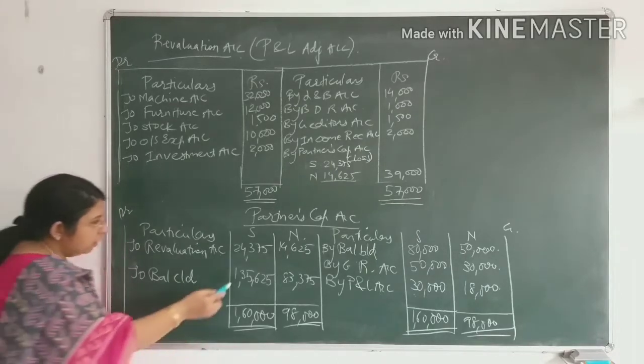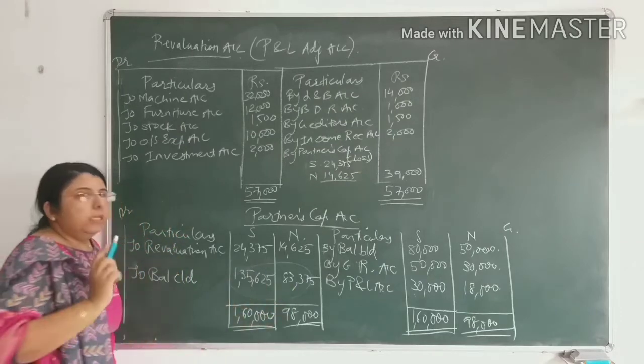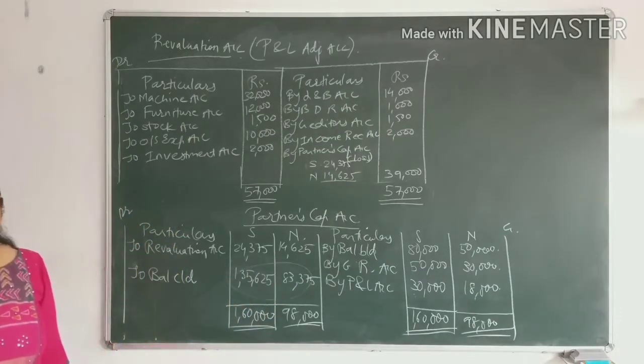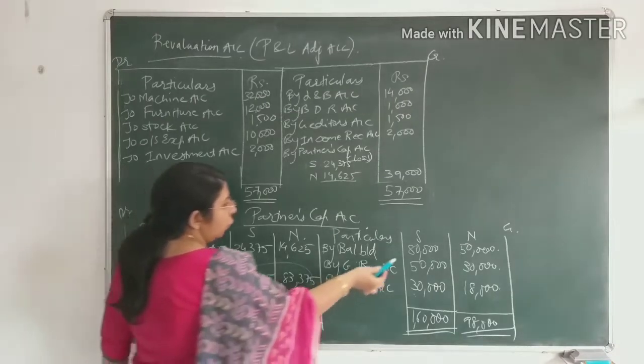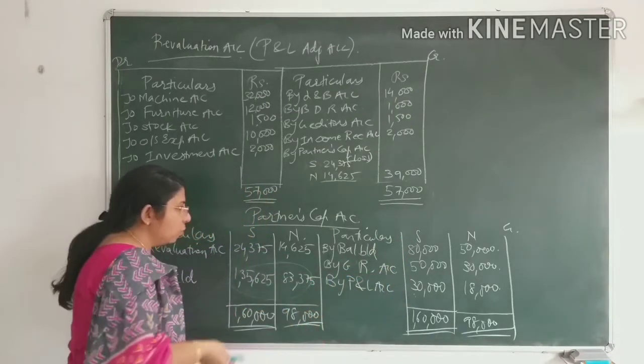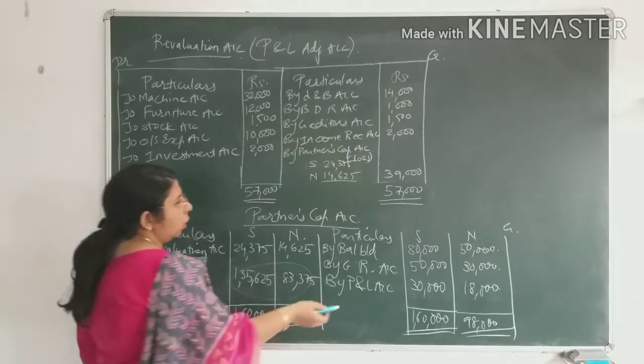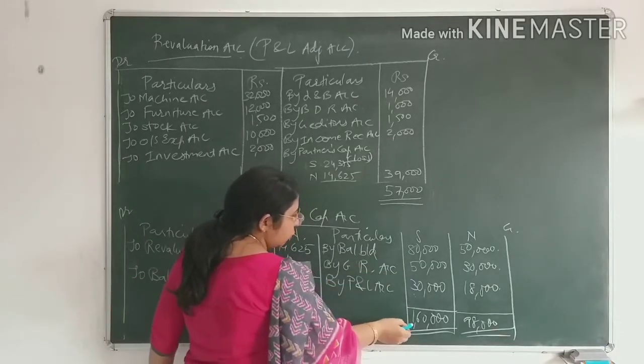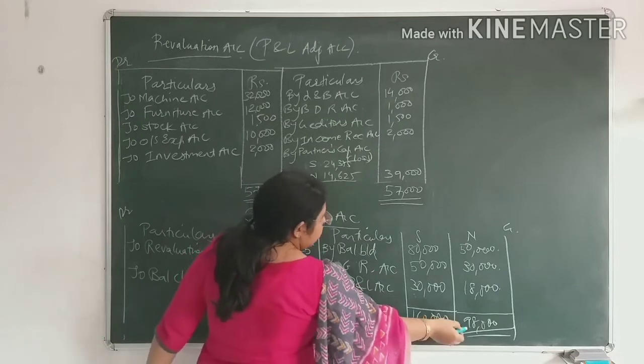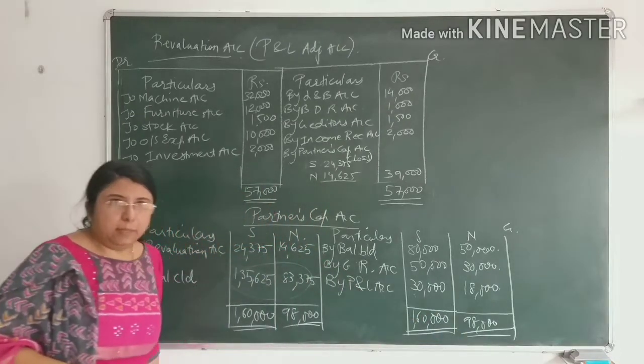This difference you will write in the balance sheet after revaluation. First of all, you can see that the total of the credit side is more, as only one entry is there on the debit side. So you will do the total of the credit side. The total of the credit side comes to 1,60,000 for S, and for N it comes to 98,000.